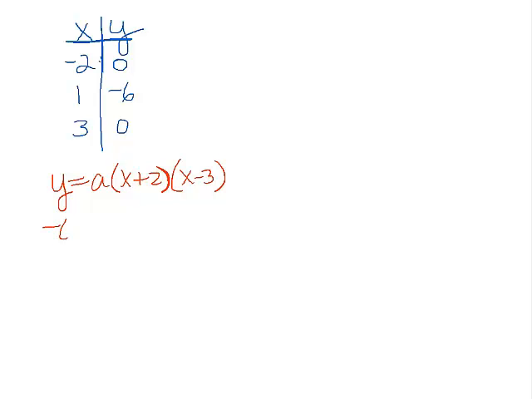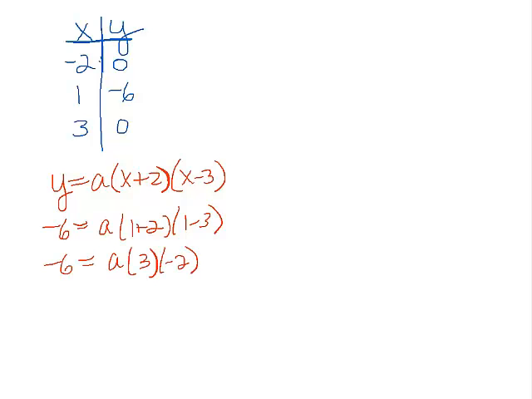I'm now going to substitute -6 in for y, 1 in for x. Again, a is my only variable. I can now solve for that. So a turns out to be 1 in this case. Great. So now the quadratic for this table is just 1, which I don't have to write, x plus 2 times x minus 3.